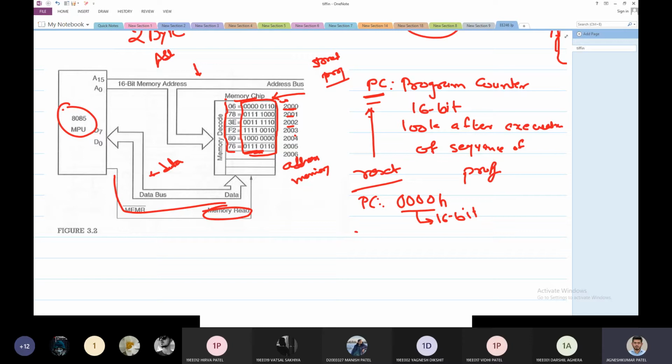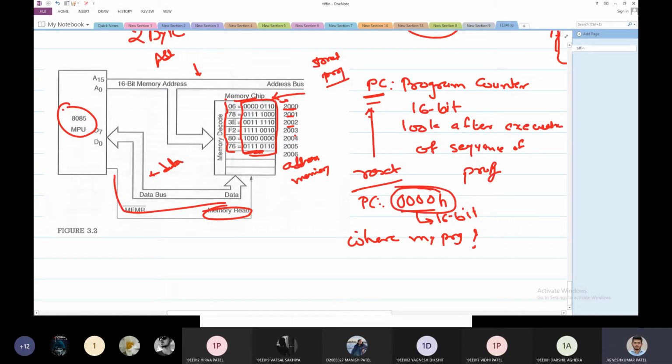Now, when I start to execute the program, first I'll let 8085 know where my program is written. The first thing that I'll do when I start to execute the program is tell 8085 where my program is. And how to tell it? By giving it a number inside the program counter.